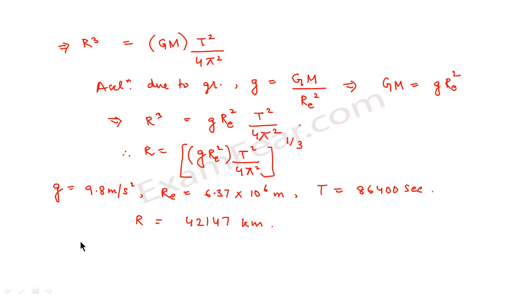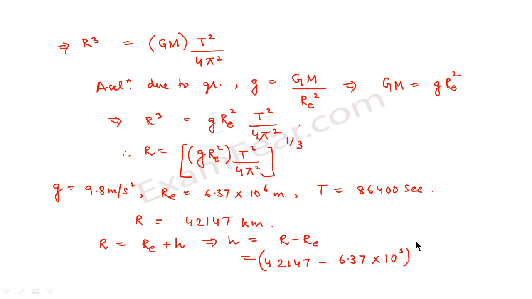Now in the previous slide we already showed that r is nothing but the radius of the earth plus the height of the satellite from the surface of the earth. So from this we get h is equal to r minus re. So r is the orbital radius which is 42147. Re is the radius of the earth which is 6.37 into 10 to the power 3.